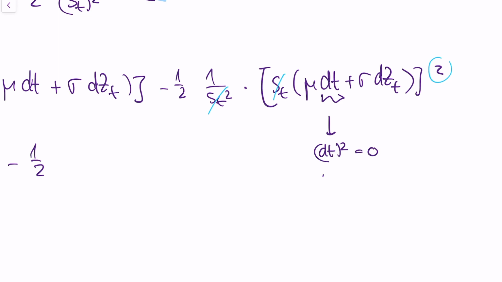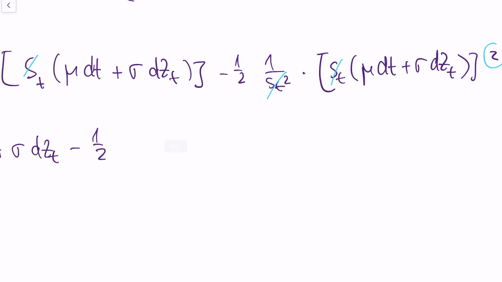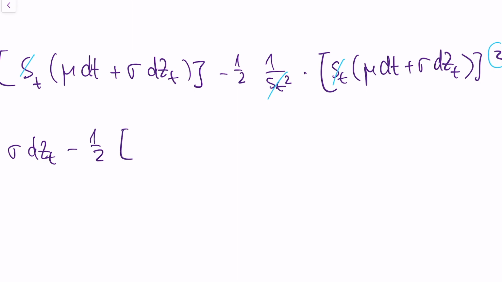Because if the change in time is 0.01, then the change in time squared is 0.0001, and this is almost 0. Yeah, this is a heuristic argument. This is not mathematically formal, but I will not go into the mathematical proof here. So dt squared is actually equal to 0, but let's use the binomial formula and try to expand this bracket.